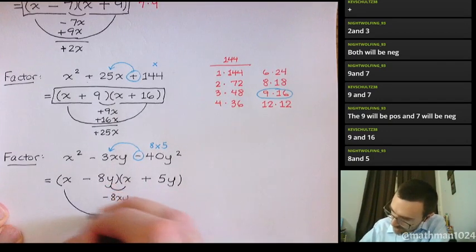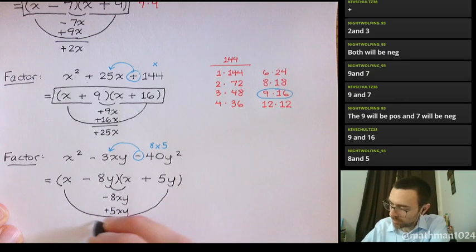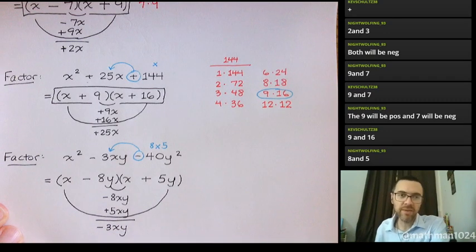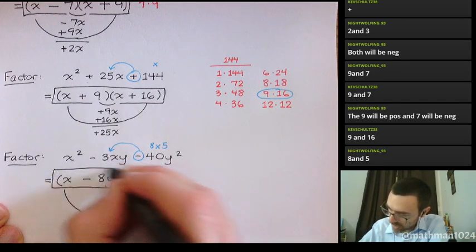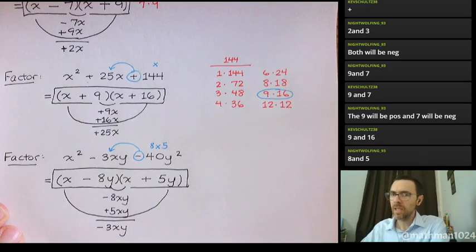On the outside of the product is positive 5xy. These guys are like terms, and they combine to give us the negative 3xy that we were supposed to have there in the middle. So everything here, absolutely everything, checks out. See? It's really not that bad.